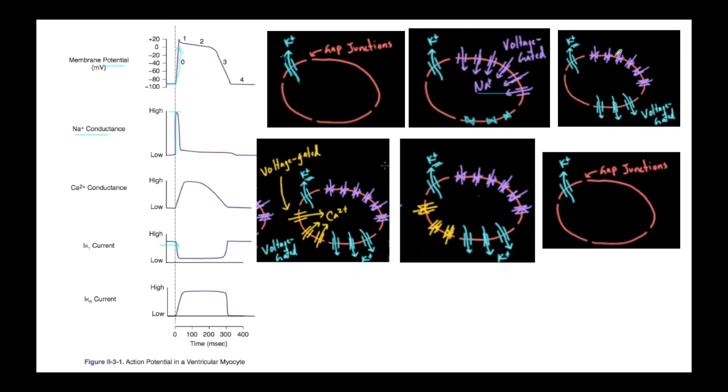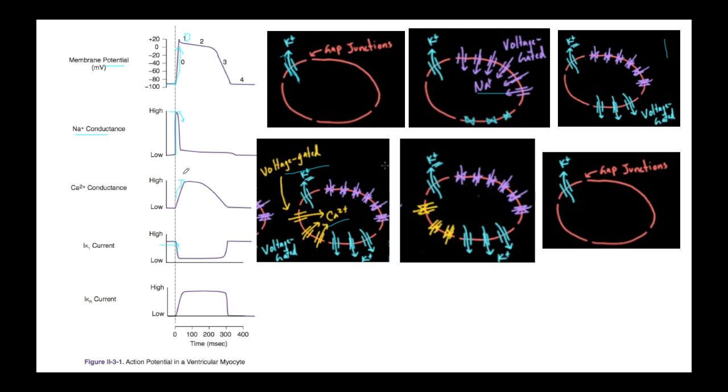And then during phase 1, when our sodium channels begin closing, but potassium is still doing its thing, we have a slight repolarization before our calcium channels open up and take over.